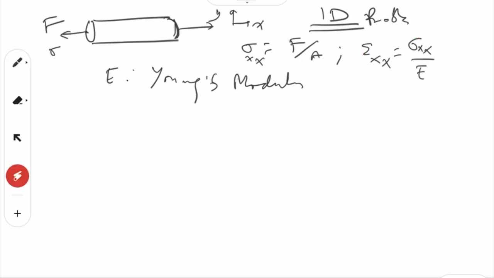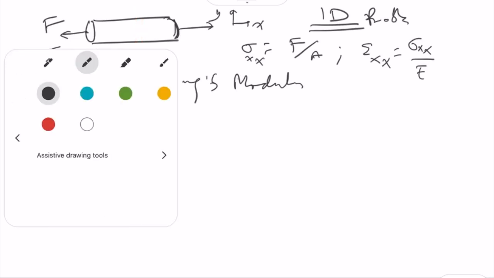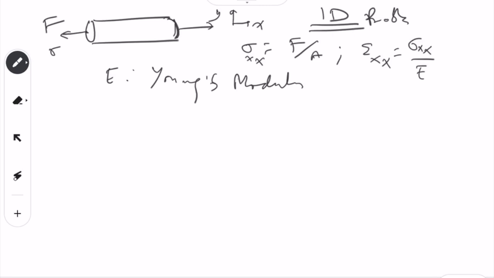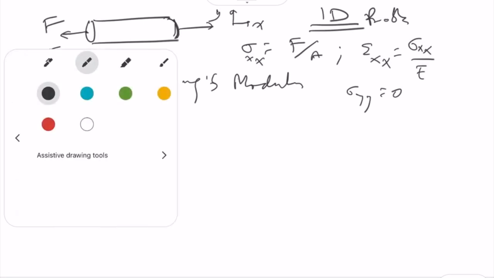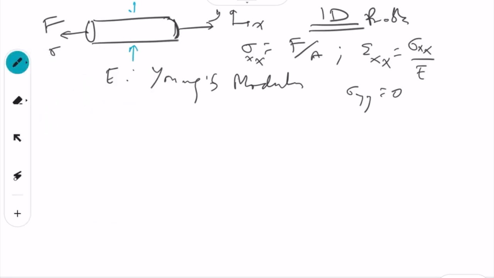Will there be any stress in the lateral direction? In the lateral direction we will have no stress, so sigma yy will be 0. But will there be any strain in the lateral direction? There will be a strain, because of the Poisson's ratio. When you pull it here, laterally it will contract. There will be a contraction in this direction if you pull in this direction, and this is because of the Poisson's ratio.